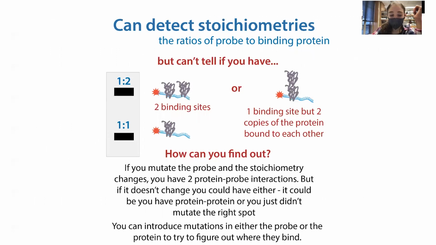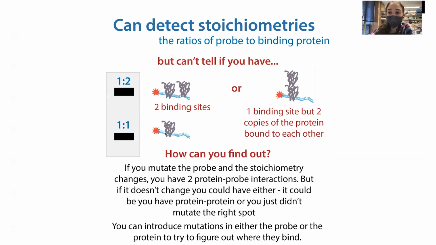You can also test this by mutating the sequence. So say you have an EMSA. You're going to get a shift if your protein is binding the nucleic acid anywhere in the nucleic acid.